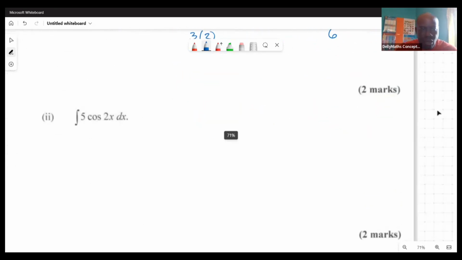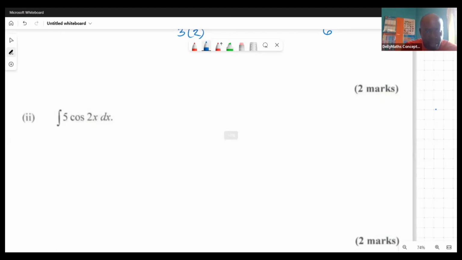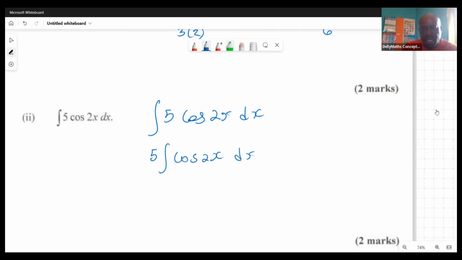All right, for this one now, we are integrating 5 cos 2x dx. We could move the 5 out of the way. So basically, we are integrating cos 2x dx, because when we have a constant, it's not going to change anything. You understand? So 5 is always there.